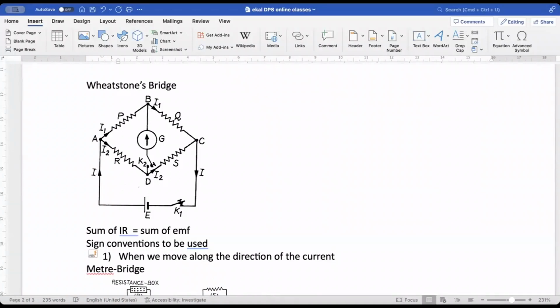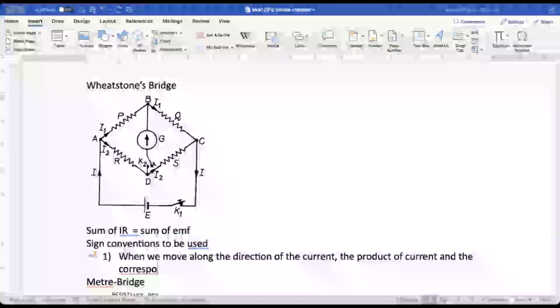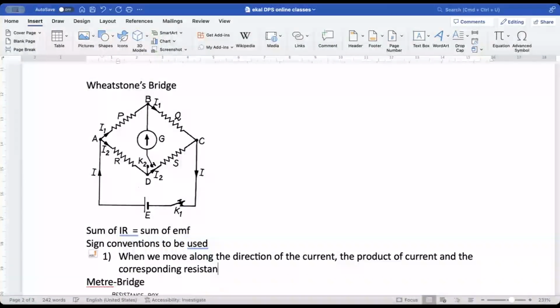the product of current and the corresponding resistance, that is IR, is taken as positive.